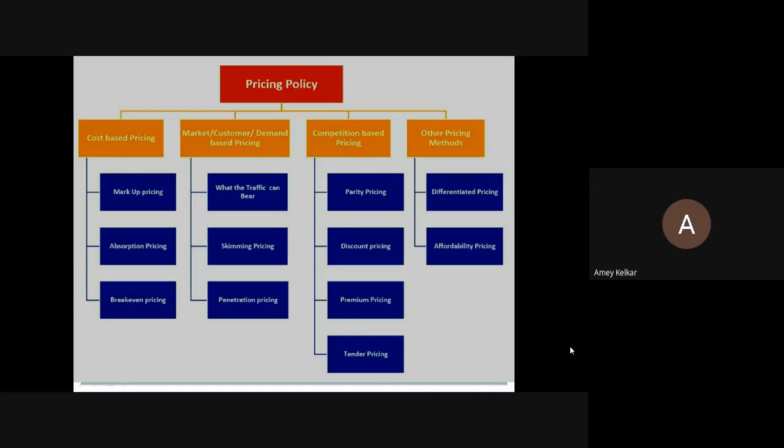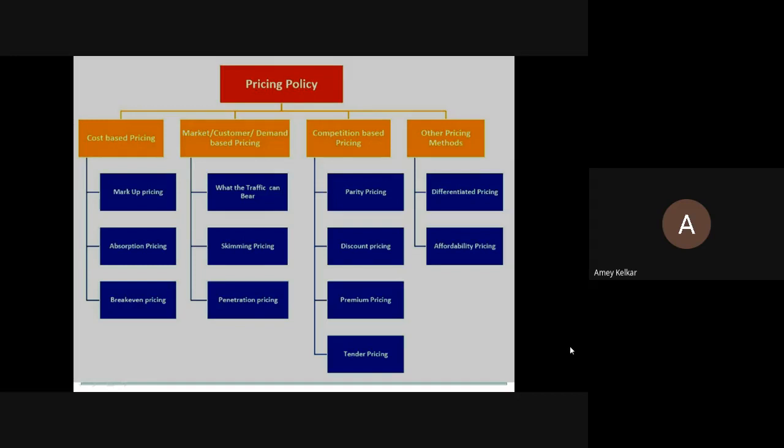So depending on the society for which you are designing, you'll come up with a price. For example, maximum products of Tata are under affordability pricing because the main aim of the Tata Group is to see that the most common person in society is able to afford the basic things. So this is how your pricing and pricing policies will matter.